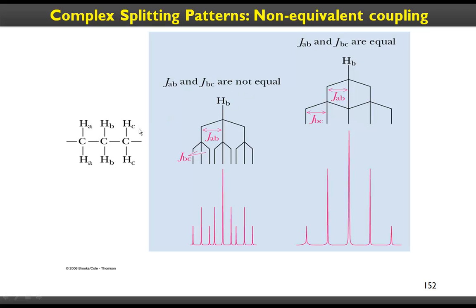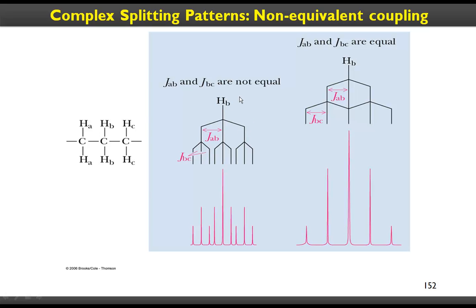So we have to take into account one at a time. We cannot combine them as 4 neighbors and predict that B would come as a pentet. So we have to first take the effect of this into account, what the CH2 would become. So let's take HA and count them. How many A type do we have? We have 2. As a result of these 2, the singlet of this would become a triplet. So that's the first one.